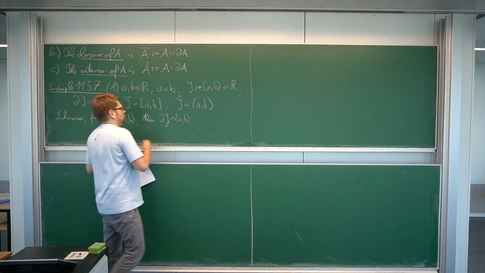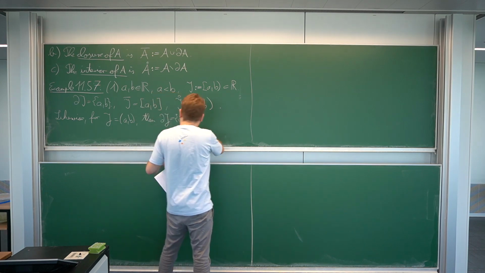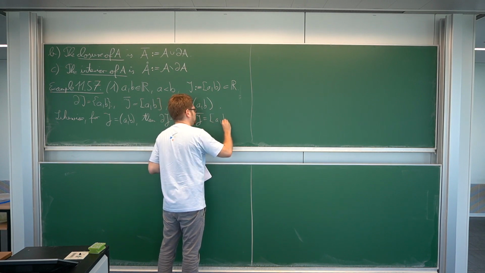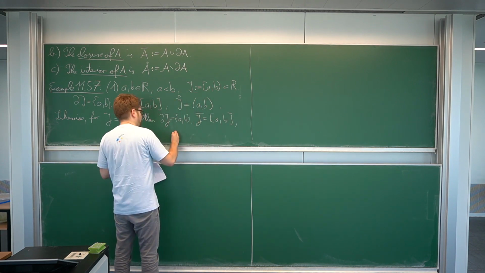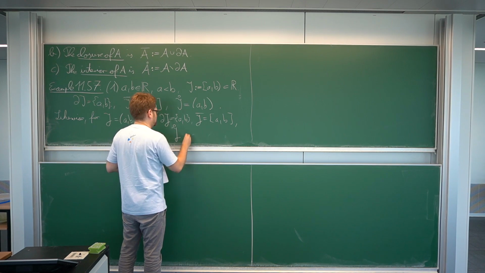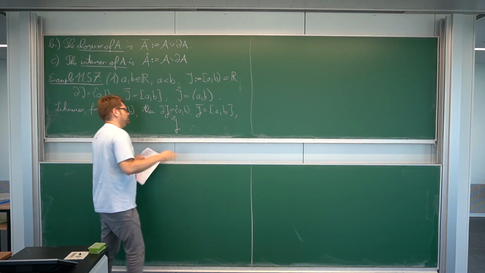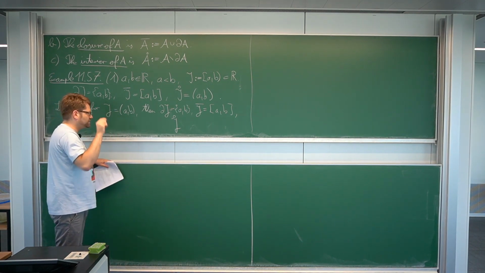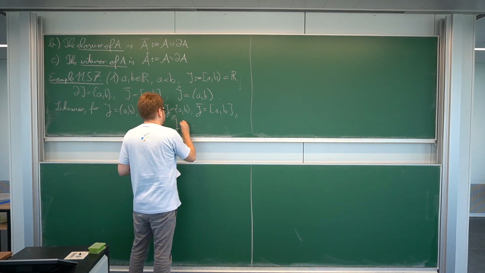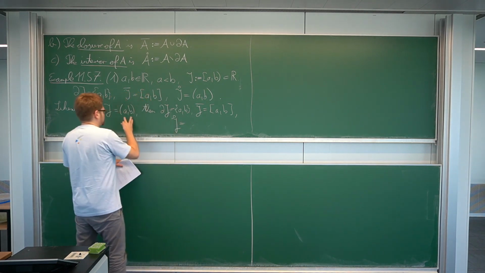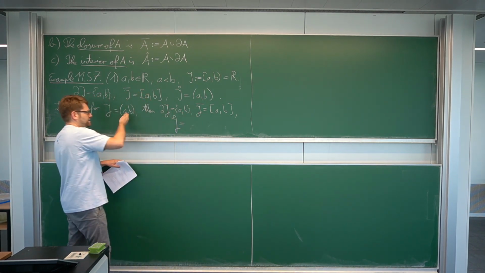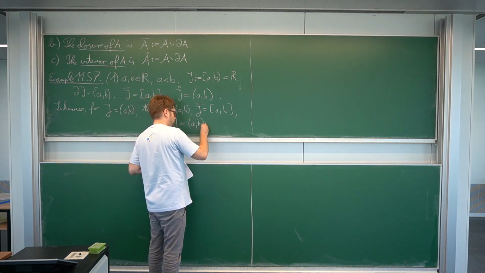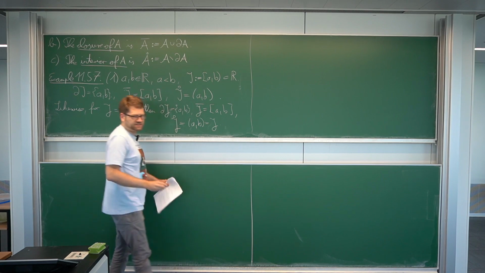So the closure would be the open interval with these two points added, which also gives the compact interval from A to B. And now the difference in behavior is for the interior. We have seen for every point in the open interval there is some neighborhood inside. So this would mean J without the boundary points, but they are already gone, by definition. So here the interior really equals the set J itself, which was not the case for I.